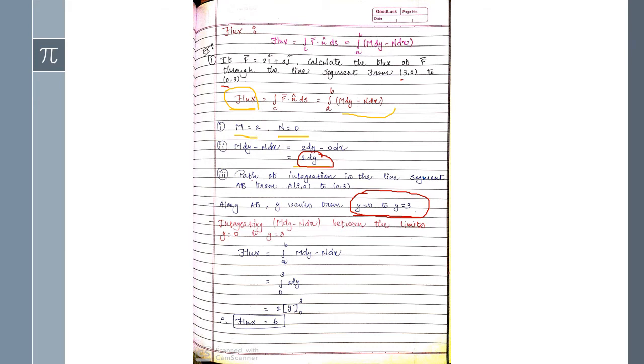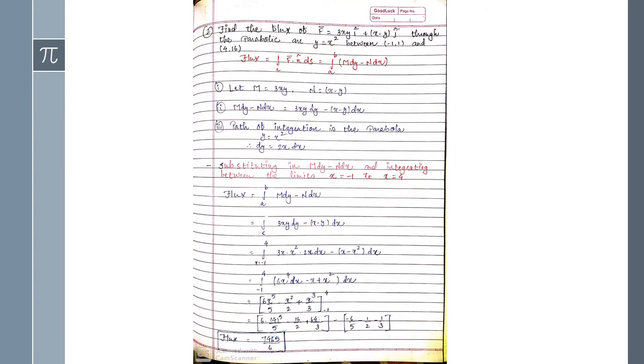Hope you understood, guys. Now continuing: find the flux of F bar equals 3xy i plus (x minus y) j through the parabolic arc y equals x squared between -1 to 1 and 4 to 16. Here a parabolic curve y equals x squared is given, and the limits are also given.